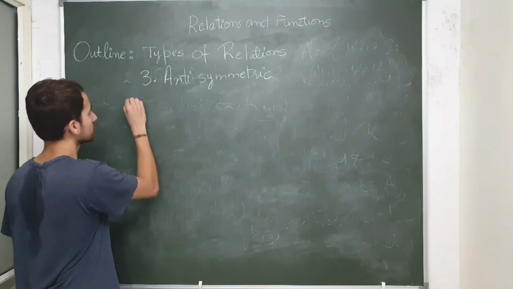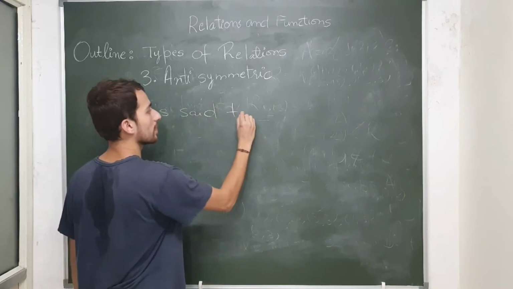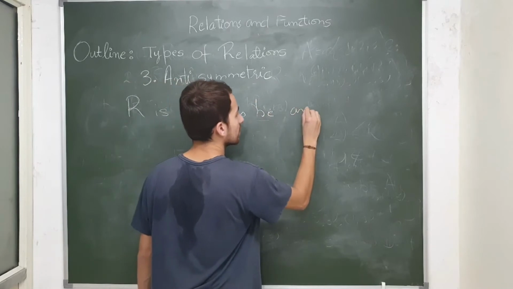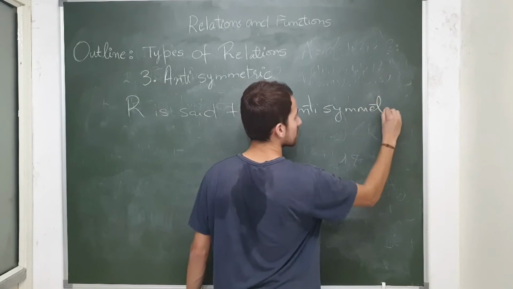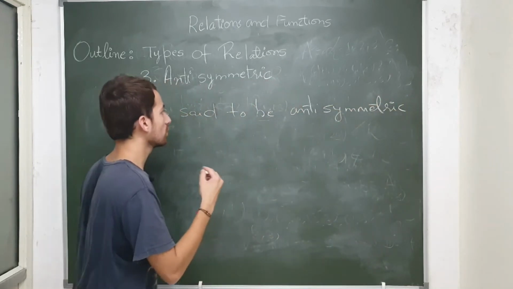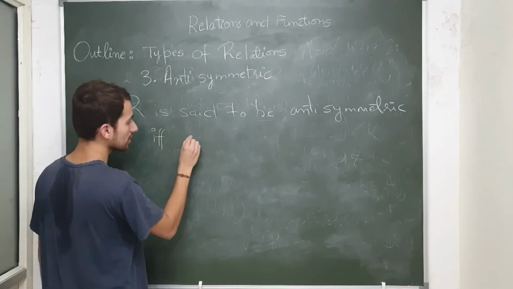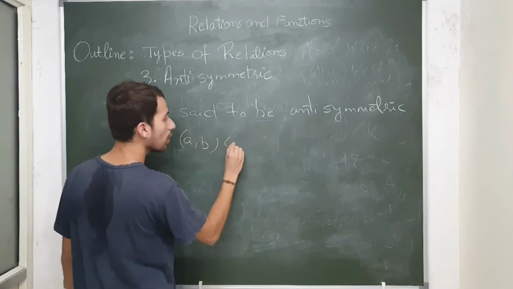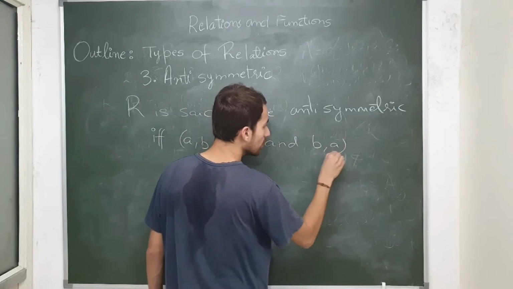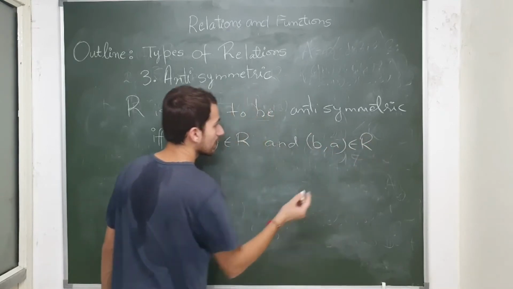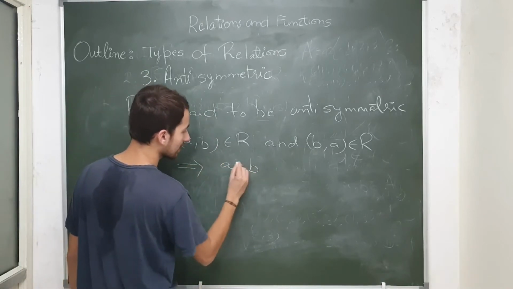The relation R is said to be antisymmetric if and only if whenever the ordered pair (A, B) belongs to R and (B, A) also belongs to R, then this implies that they are the same. These two are equal.